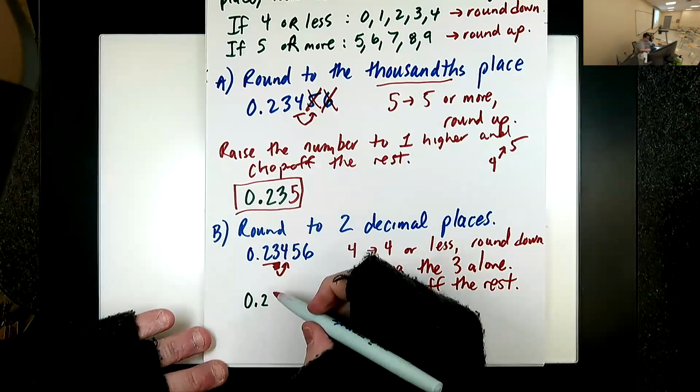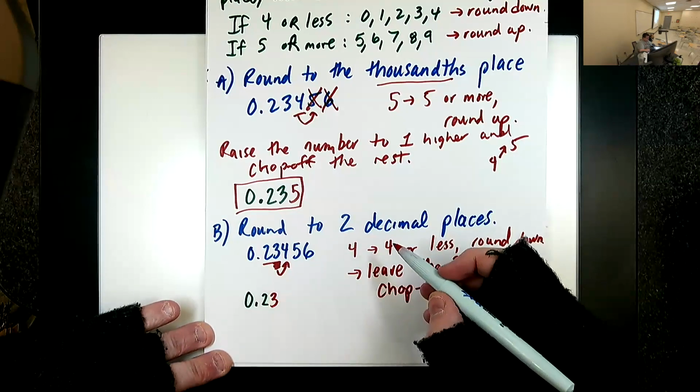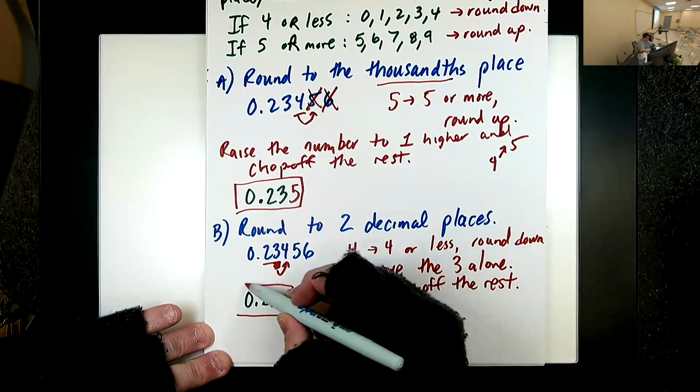The 3 doesn't round, it stays as it is, and I get 0.23.